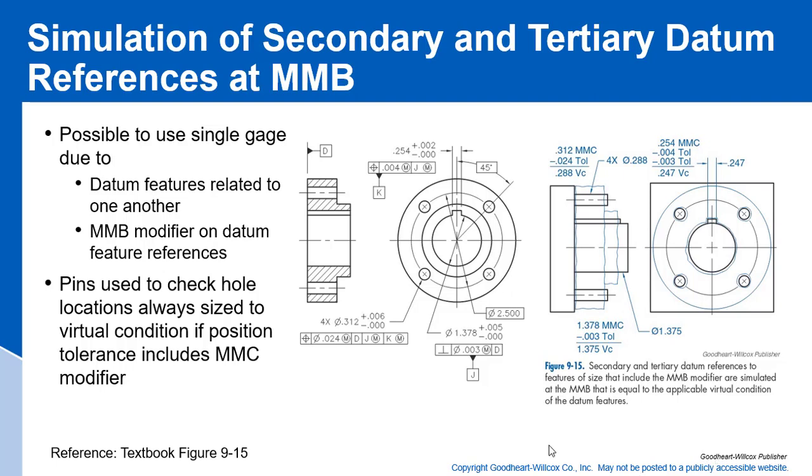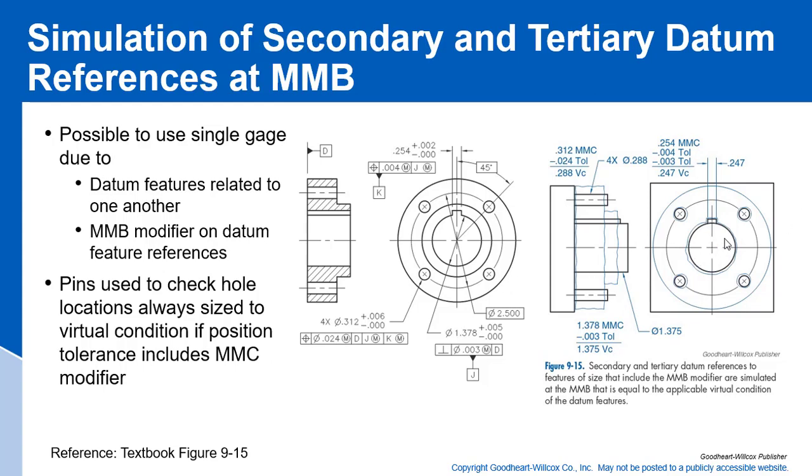And then we have to have a simulator for datum J, which is our bore here. Our bore is at 1.378. That's our maximum material condition of the hole. 1.378 minus the 3,000ths, this is a perpendicularity tolerance, an orientation tolerance. So we have a 1.375 virtual condition.